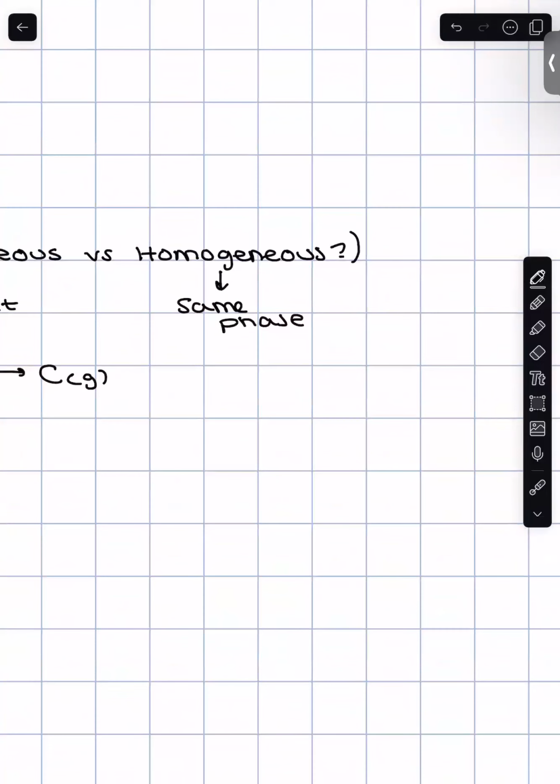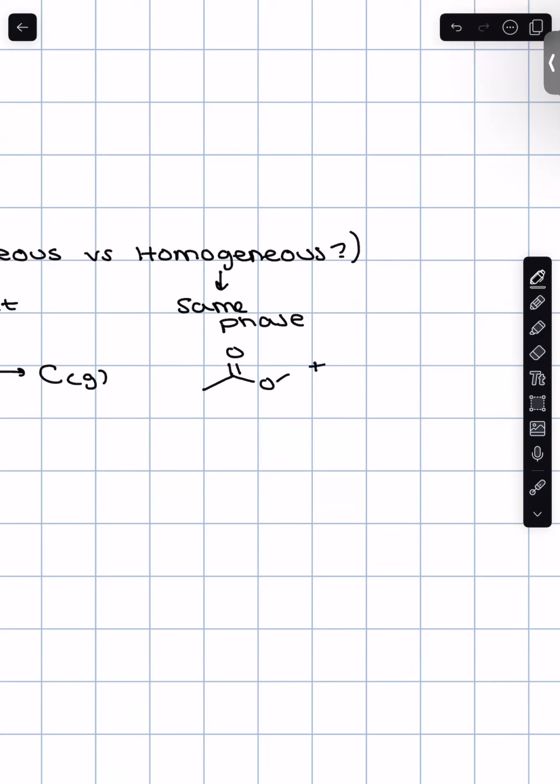And for homogeneous, the best example I can give you is an acid. Sorry, I'm just trying to think of something off the top of my head. This is a type of organic molecule called an ester.